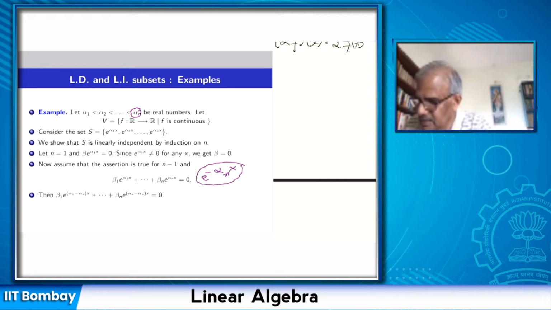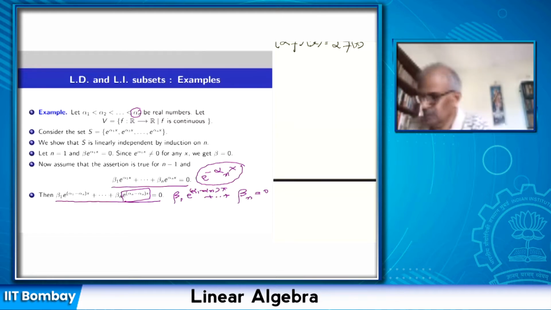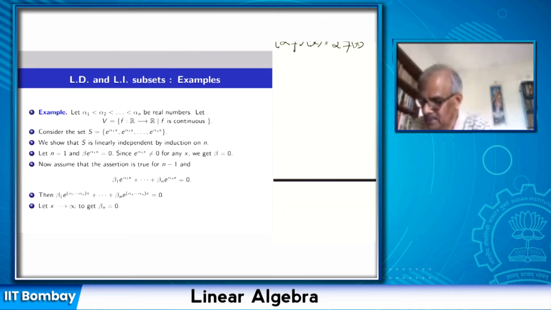If this is the zero function, I can multiply by this function on both sides and I still get the zero function, but then I get this relation. And the last function, alpha n minus alpha n, is equal to 1. So we just get beta 1 e to the power alpha 1 minus alpha n x and so on, and the last one is beta n.